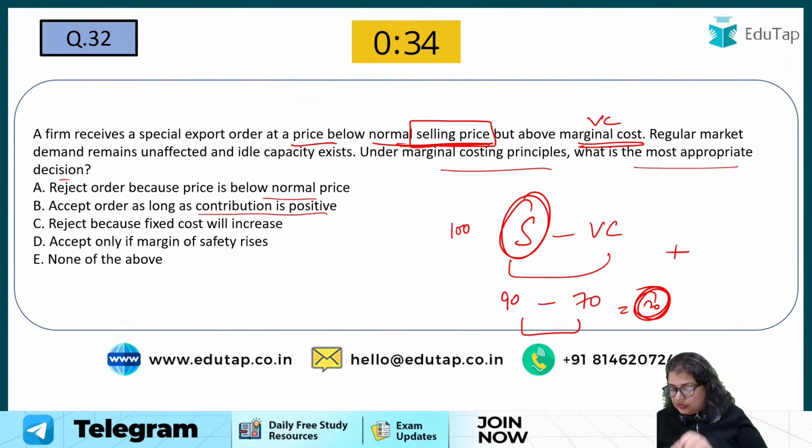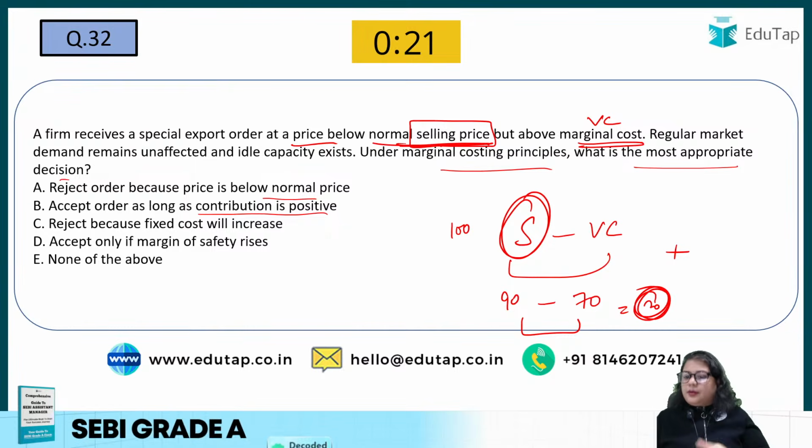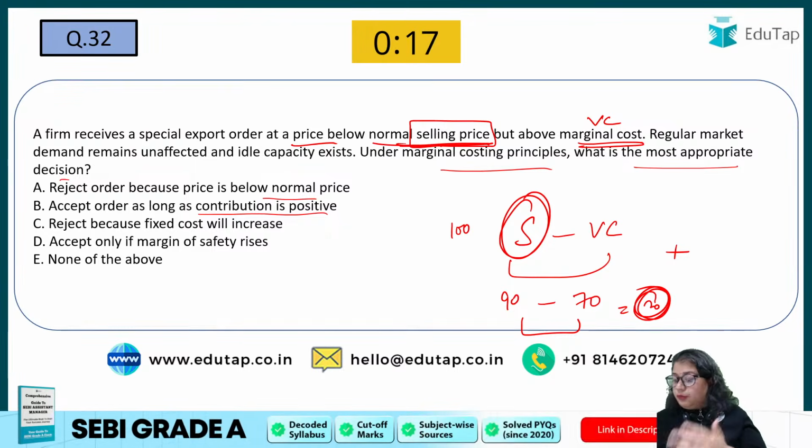So yes, the person who said think once more, and Praneeth, yes, option B is the correct one, because if the contribution is positive, we are able to cover the variable cost, so we will be accepting it, even if our fixed cost is not yet covered, or profit is not coming.